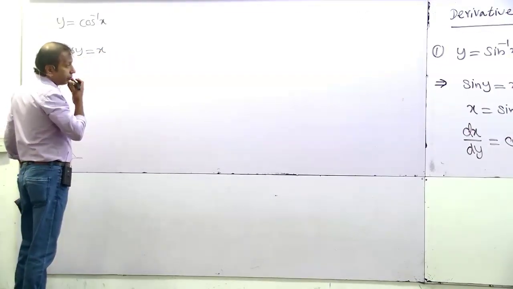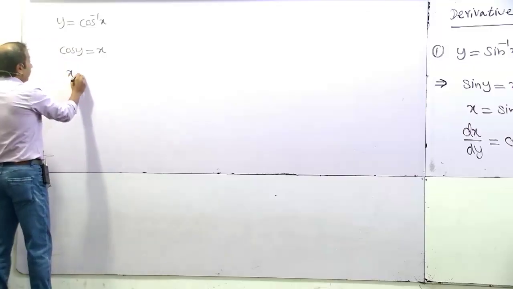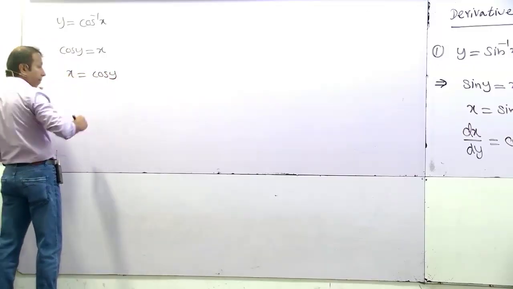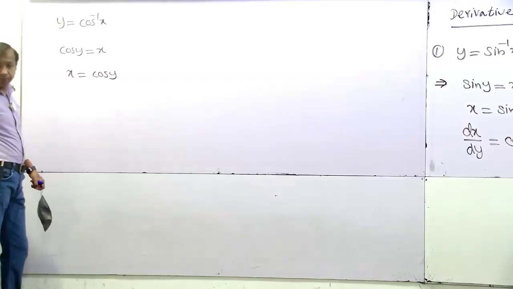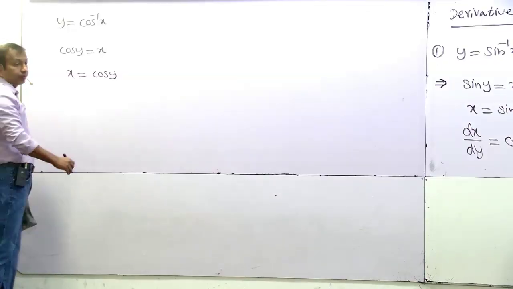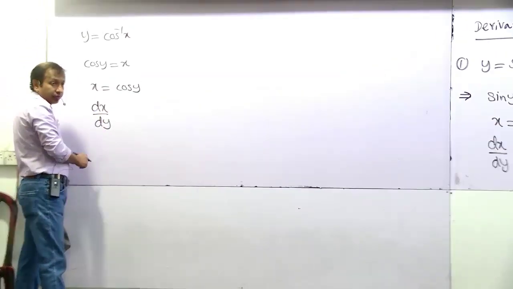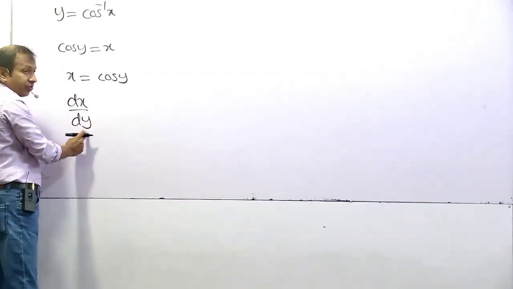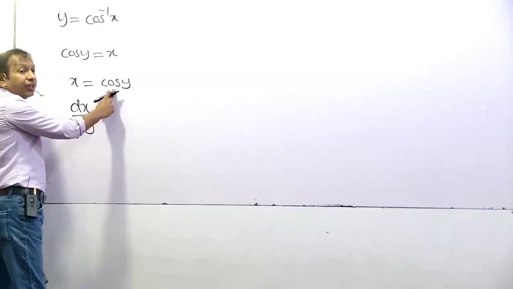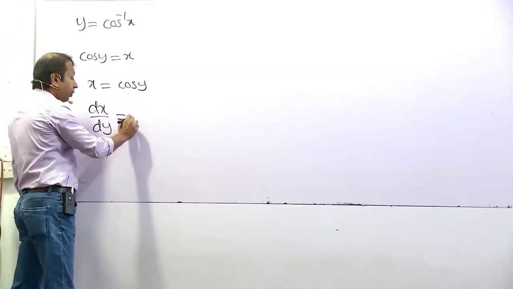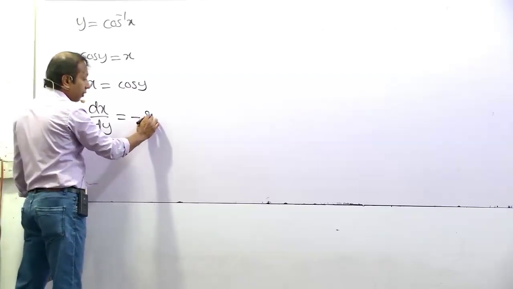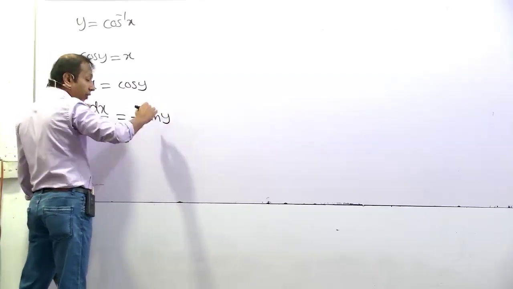Now I can write this as x equals cos y. Now, what derivative can we write? dx over dy. The right hand side letter only comes into the left hand side denominator. What is the derivative of cos? Minus sin y.